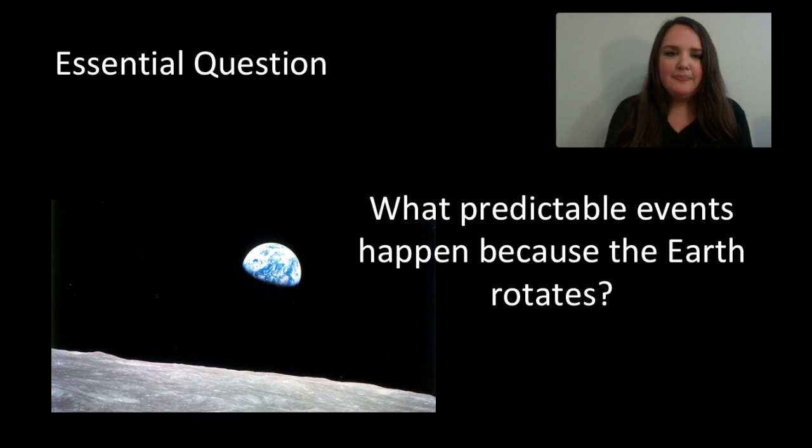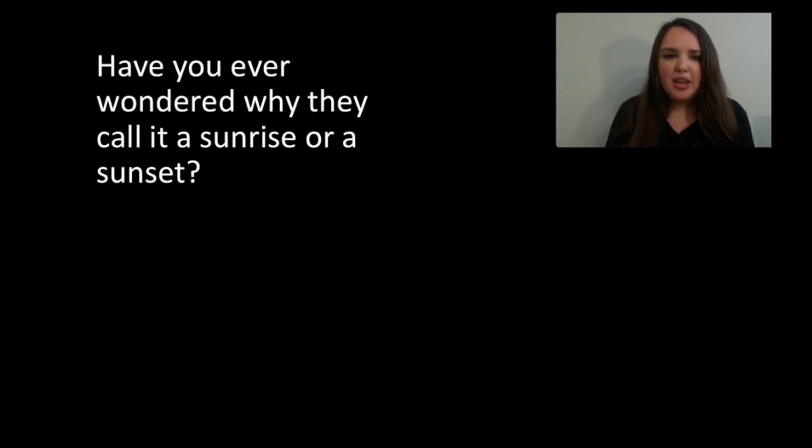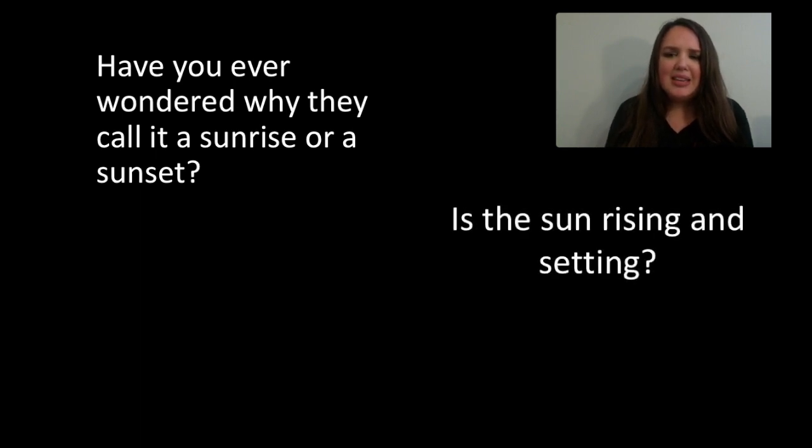The first question I came up with is, have you ever wondered why they call it a sunrise or a sunset? These are very strange words to describe day and night. Is the sun rising and setting? Is it moving around and going somewhere? Does it disappear at night? Well, we already know the answer to that part of the question.